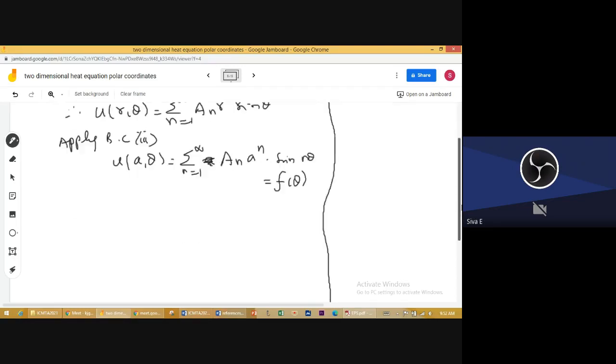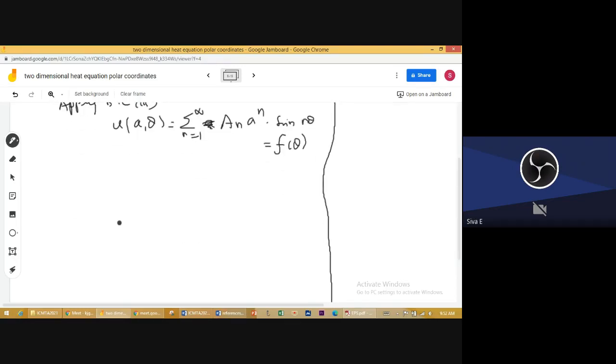So u of a comma theta is f of theta. If you are taking An a power n as some bn, therefore u of a comma theta equal to summation of n equal to 1 to infinity bn sine n theta.